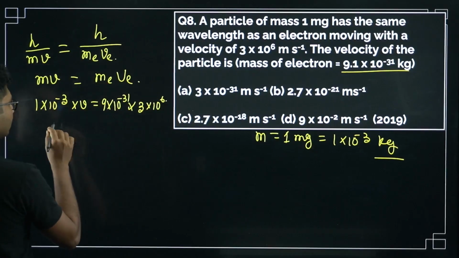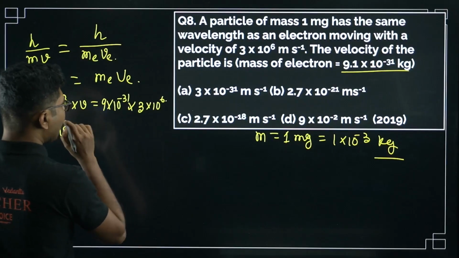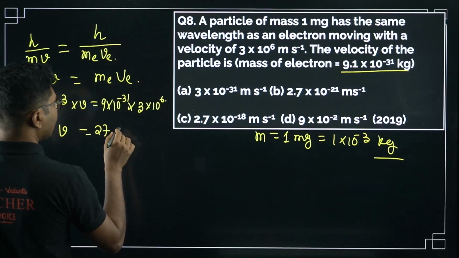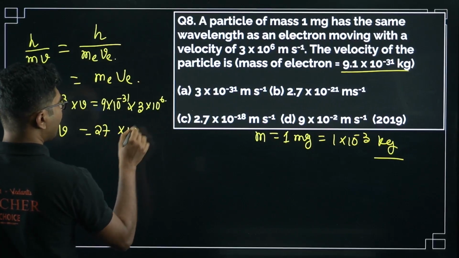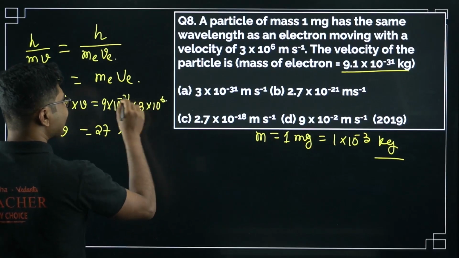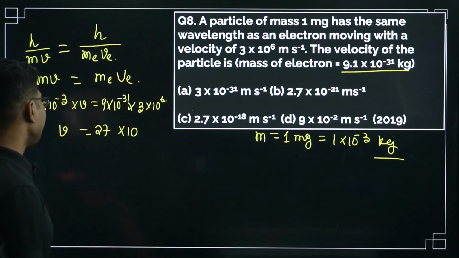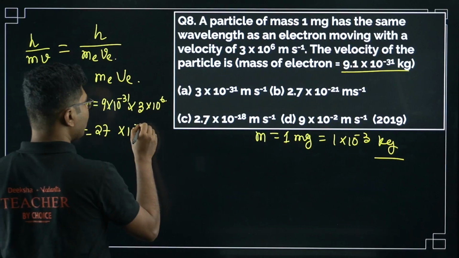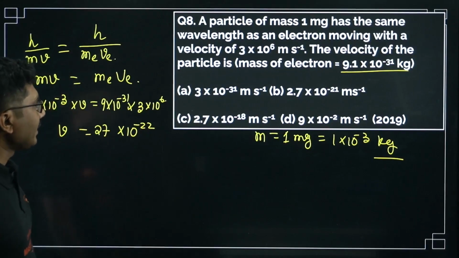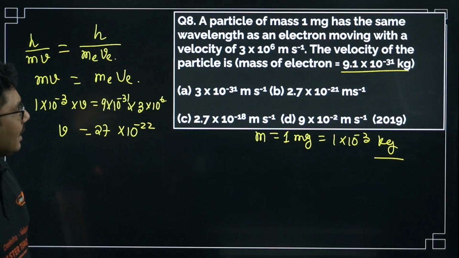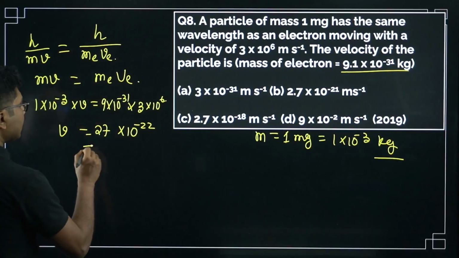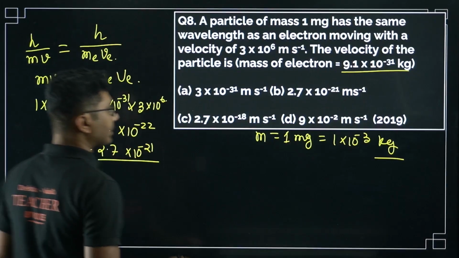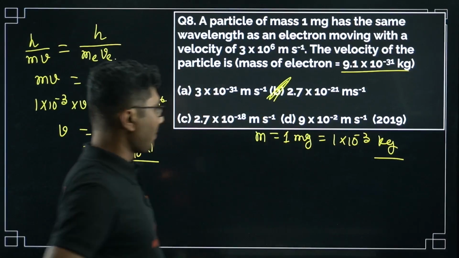So velocity is 3 nines are 27 into 10 to the power of minus 31 plus 6, minus 25, and there is 1 minus 3 over here, that will go to the other side, it will become minus 22. So 27 into 10 to the power of minus 22, or you can write this as 2.7 into 10 to the power of minus 21. So if you check the answer, this is the correct answer.